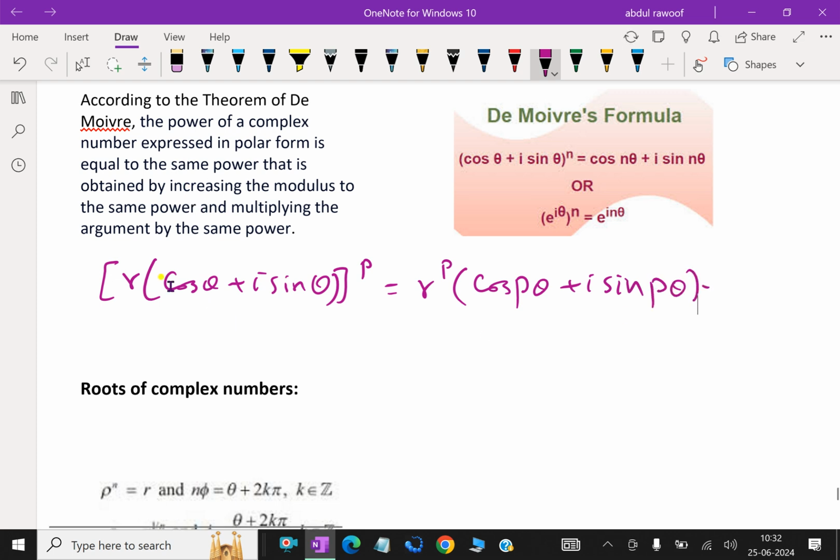That means here, by De Moivre's theorem, R of (cos theta plus i sin theta) can be written as R power P into (cos P theta plus i sin P theta).